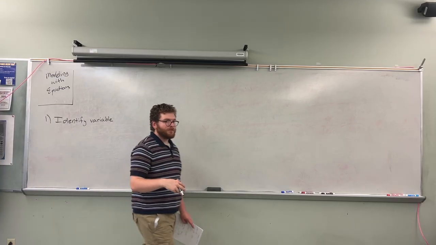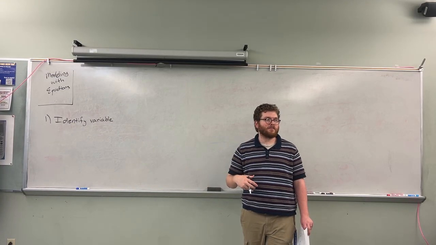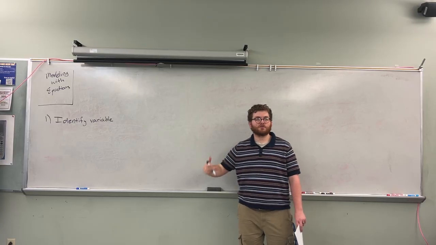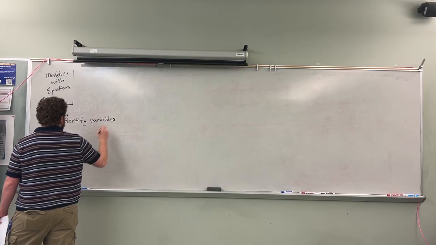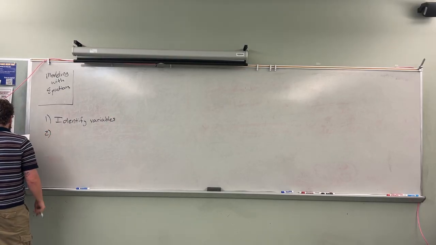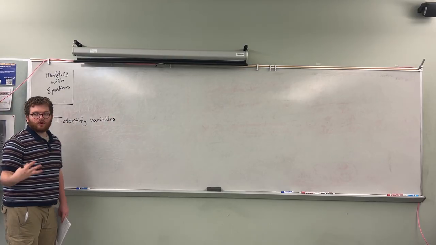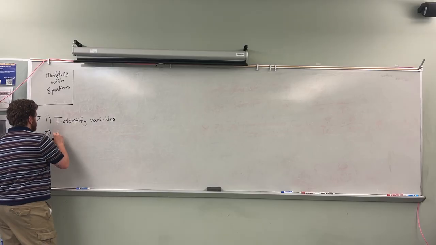When we go through these problems, I'll follow this 4-step method so that it becomes ingrained in your brains as you go to do word problems as well. Step 2 is to translate the words into algebra.